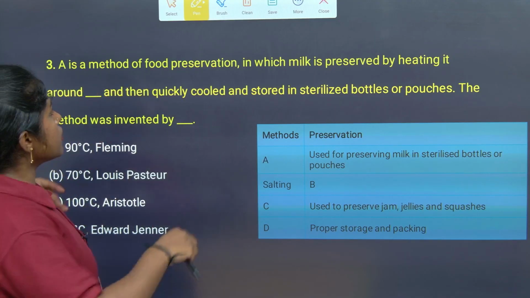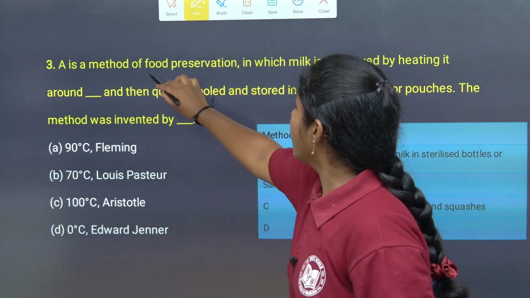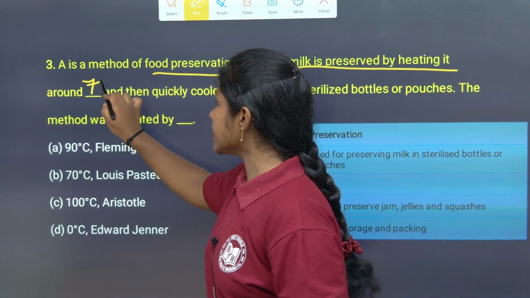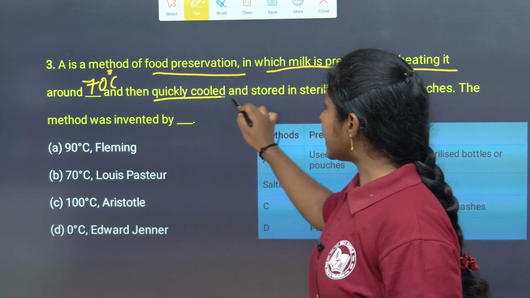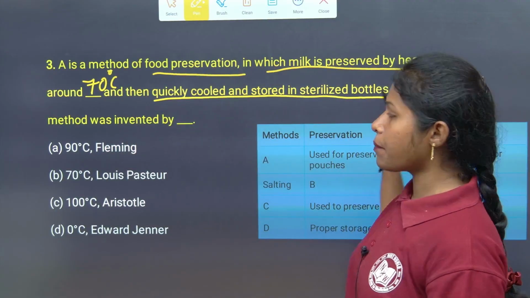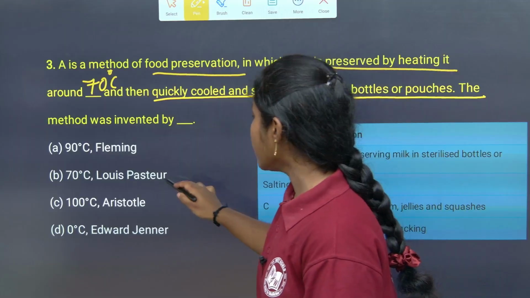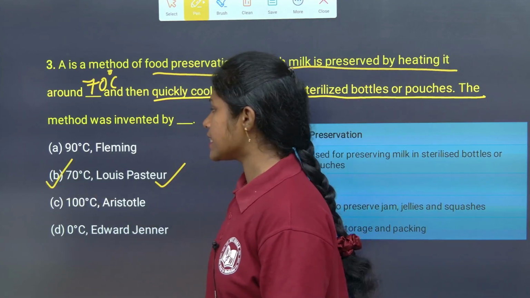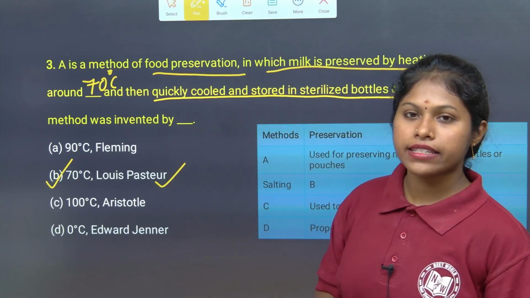A is the method of food preservation in which milk is preserved by heating around 70 degrees centigrade and then quickly cooled down and stored in sterilized bottles or pouches. This method was invented by Louis Pasteur. So the answer for this question is B, children.